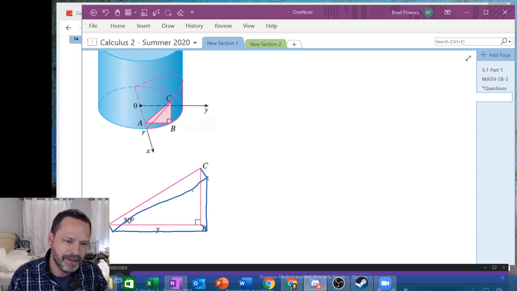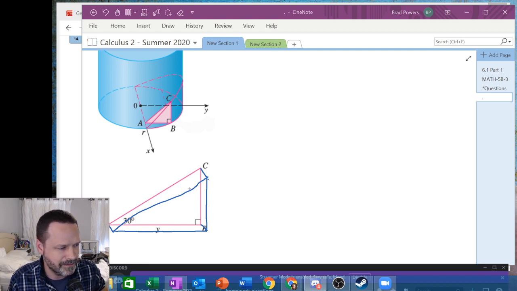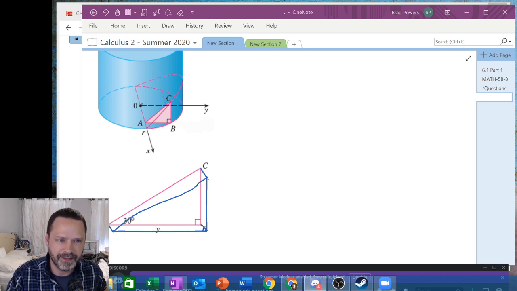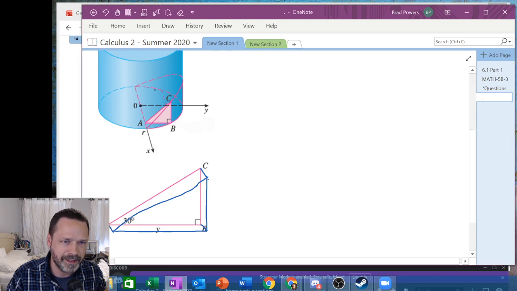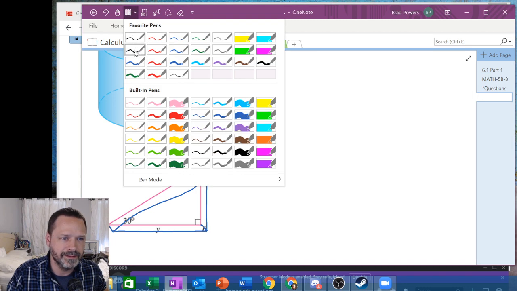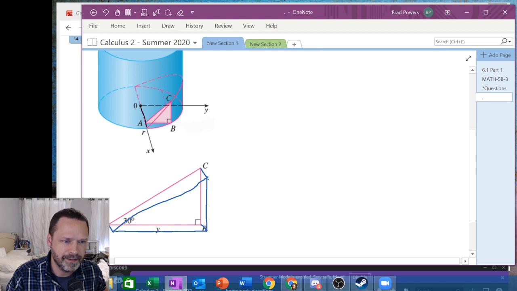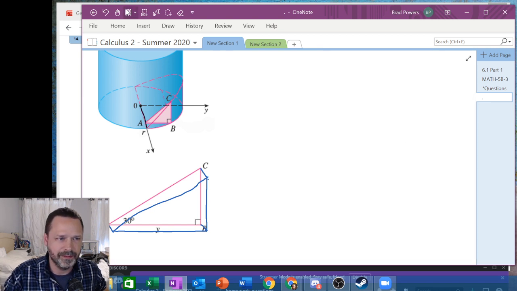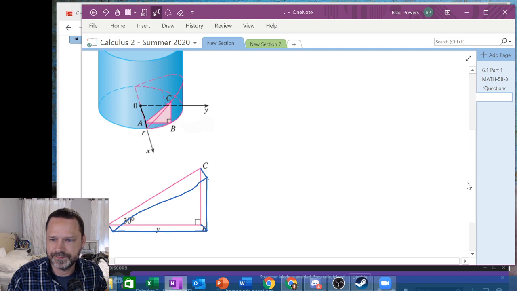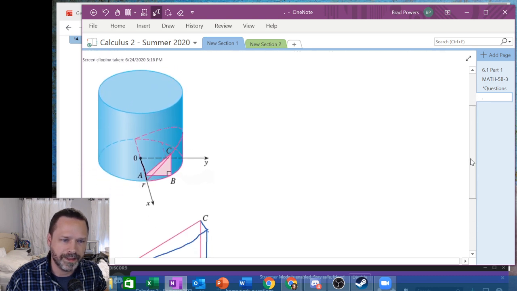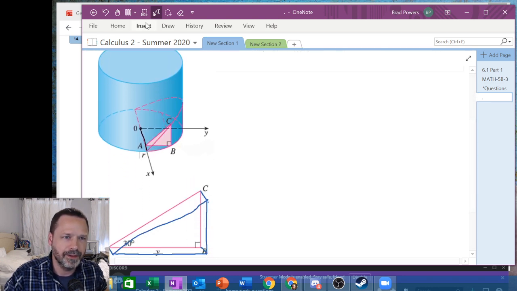Hopefully it's good now. So here I was trying to do the cross sections, saying these are right triangular prisms. That might work, but the problem is we're given some radii here. We're given that this radius right here, in this problem, is 20.